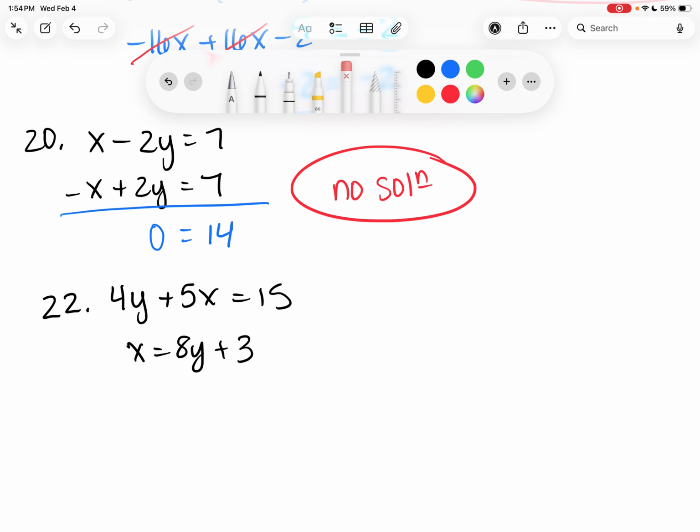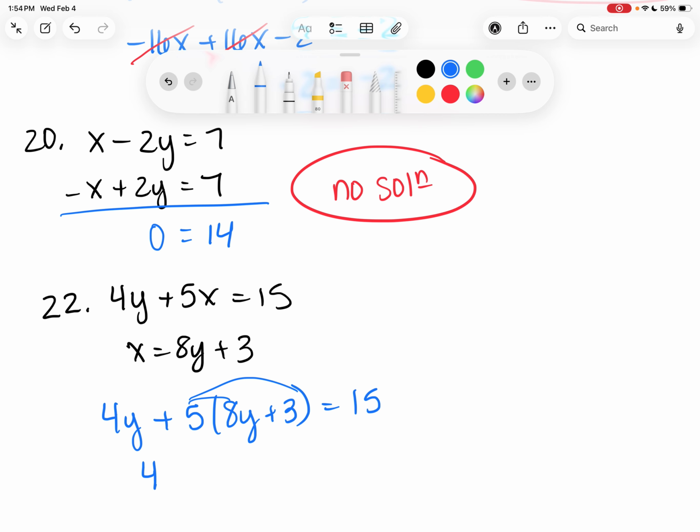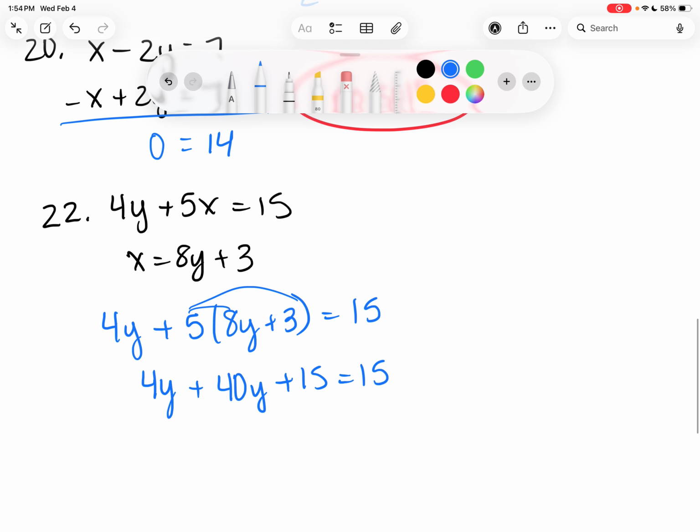So I'm plugging in this 8y plus 3 for x up here. So I have 4y plus 5 times (8y plus 3) equals 15. Gonna distribute. So I have 4y plus 40y plus 15 equals 15. Combine like terms here. 44y plus 15 equals 15.